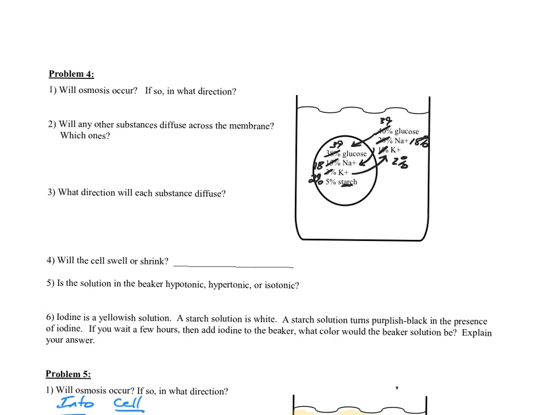All right, so outside you have how many? 20 plus 39 is 59% solute outside. Inside you have what? 64% inside. So 59% solute means what percent water outside? 41% water outside.